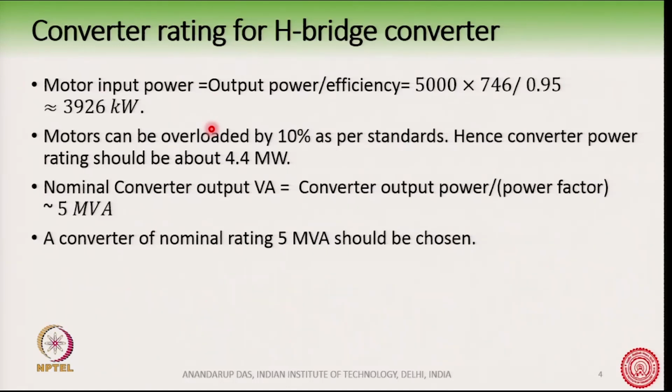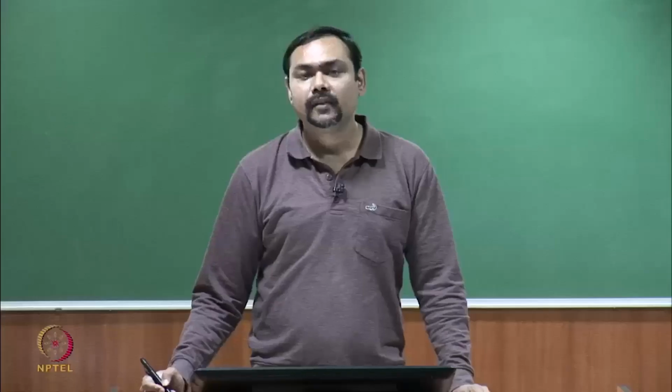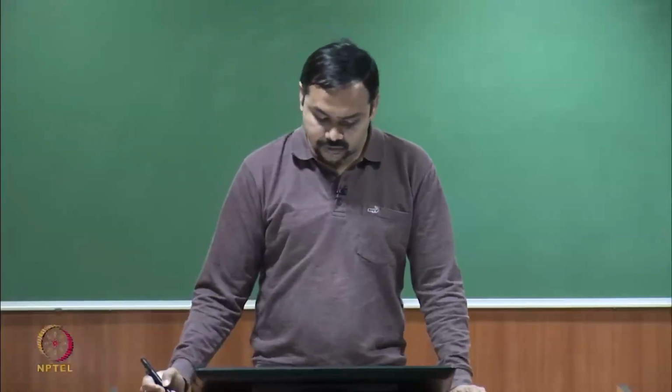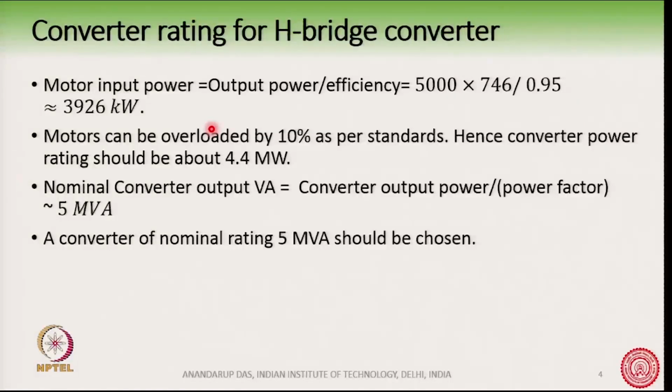There are several standards, for example, the NEMA standard, which say that the motors should perform with the full specification if the load torque is 10% over the nominal torque. So, this is often stated.